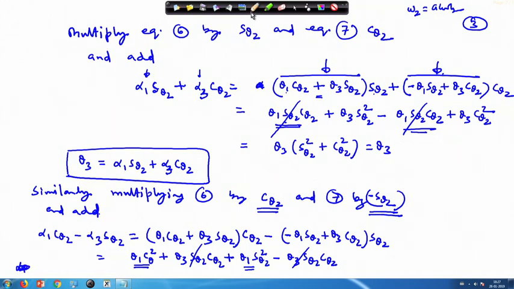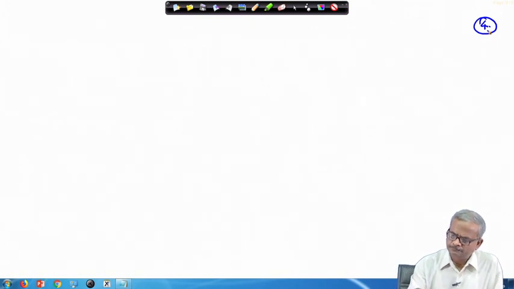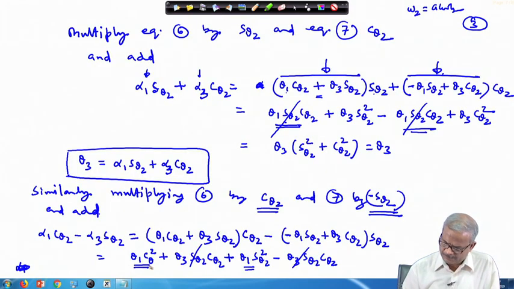We do not have a space here, we will go on the next page. So, we have here theta 1 times c theta square, theta 1 times s theta square.